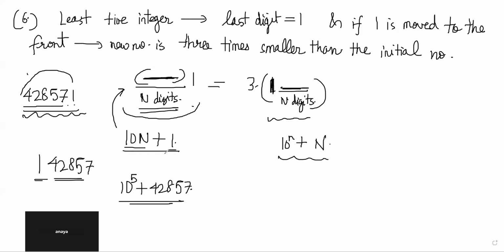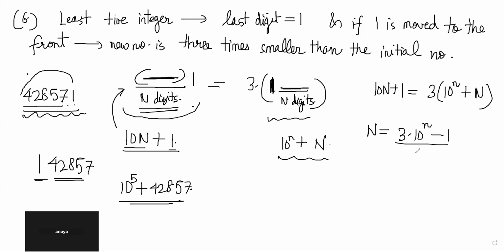Yes. So our equation becomes 10N plus 1 is 3 times (10 power n plus capital N), right? Yes. And we can solve for capital N here. Capital N will become (3 into 10 power n minus 1) divided by 7, because 10N and 3N, right?